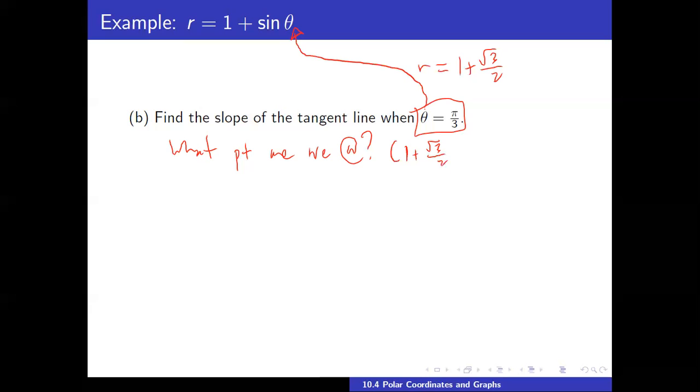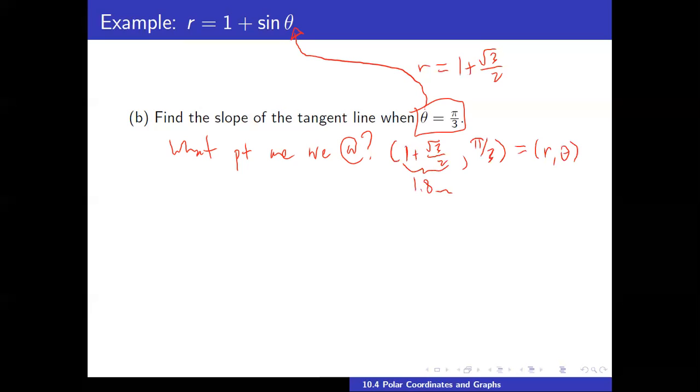If I divide that by 2, that's like 0.85 something, so this is basically 1.8-ish. That's what the radius is. And the angle is pi over 3. So this is the point r comma theta that we are sitting at on the curve.